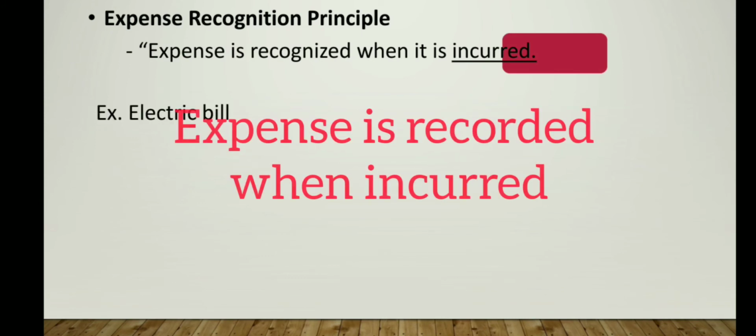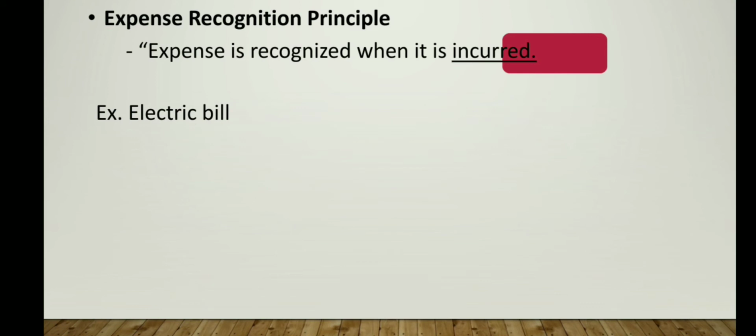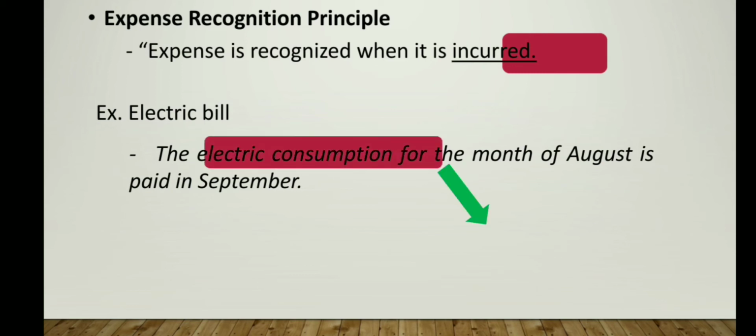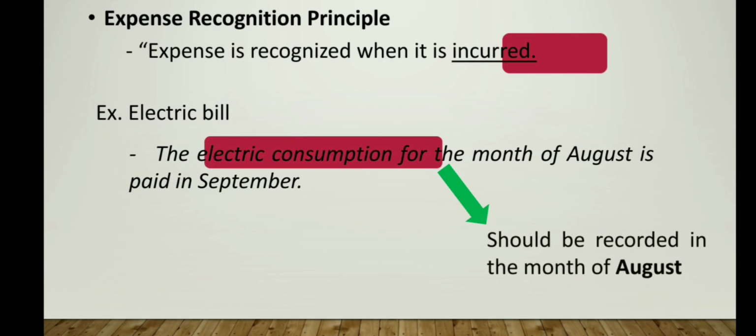So, the electric consumption for the month of August is normally paid in the next month, approximately on the first week of September. So, when recording this transaction, the expense should be recognized in the month of August. That is because the electricity is consumed during the month of August.